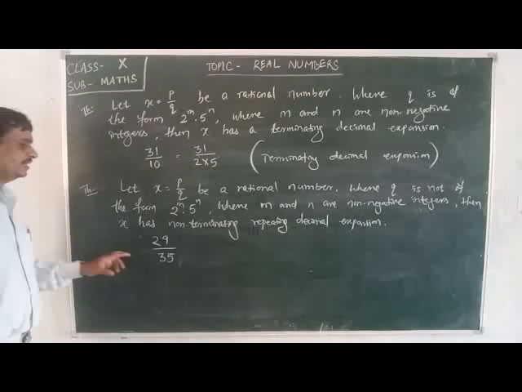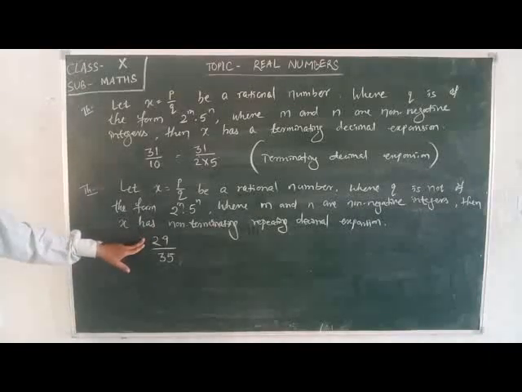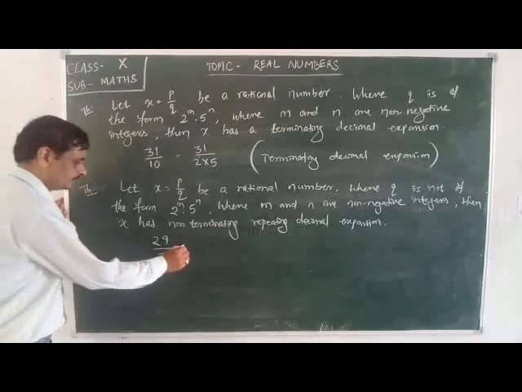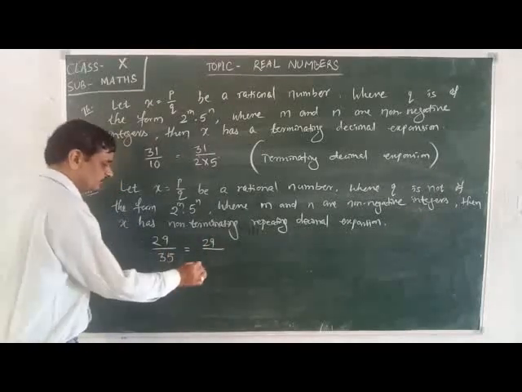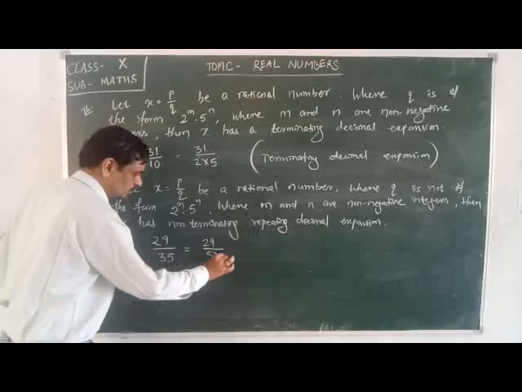In place of p it is 29, in place of q it is 35, which is factorized as 5 into 7.